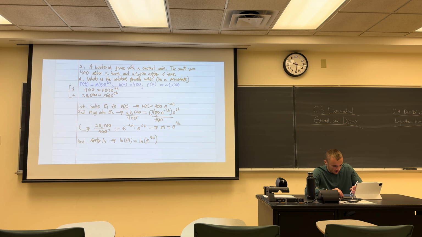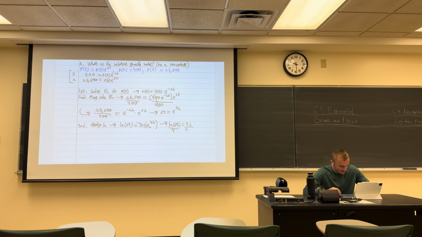Well, we know ln and e cancel each other out, thus ln of 64 equals 4k. Now, simple algebra, divide by 4 on both sides, and that gives us k equals ln of 64 over 4. Upon plugging this into the calculator, you get a decimal of 1.04, which equals 104%.